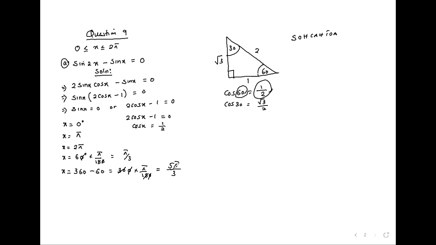So the next question is going to be B. Okay, yeah, B. So B is sine 2x is equal to cos 2x.